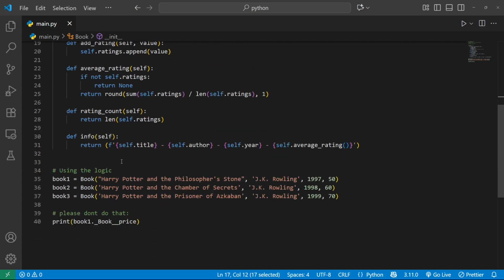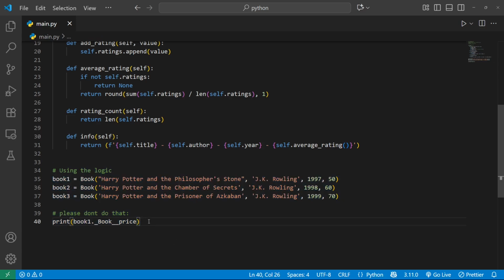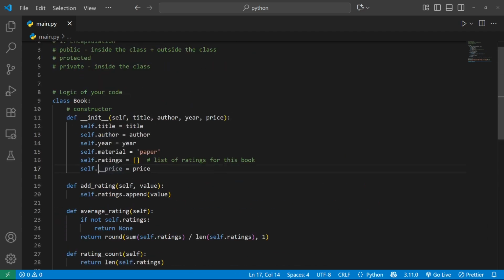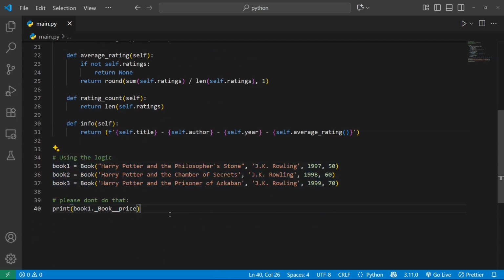It means for us, for the Python community, don't use it outside, okay? Yes, there is a possible way you can use it outside, but please don't do that, okay? I hope you understand. So if something has 2 underscores, it means it's private and you can't use it outside, okay? That's the main point, guys.